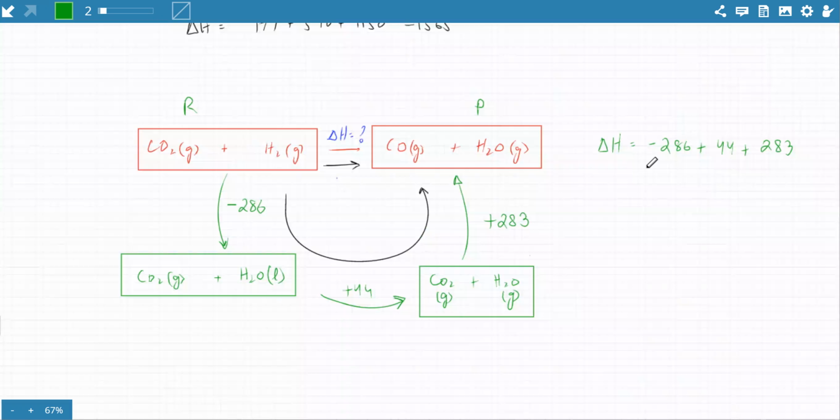So tell me what the value is. 41. Okay, so the value for this one is 41 kilojoules.